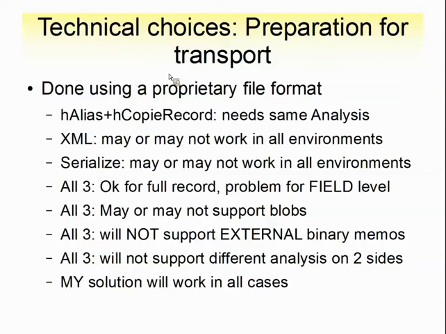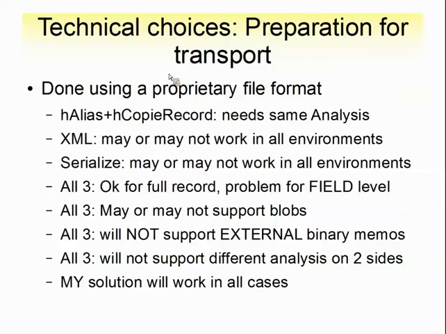One way of doing this kind of thing would have been to use halias and hcopy record. What you would do with that, you would create on the fly a second file like your customer file. It would be the alias customer file, and copy the record from there to here.